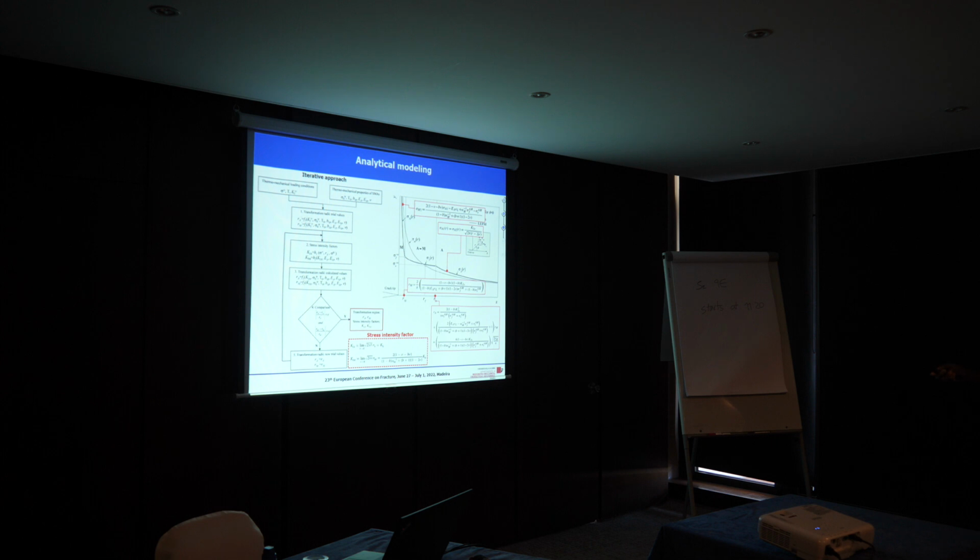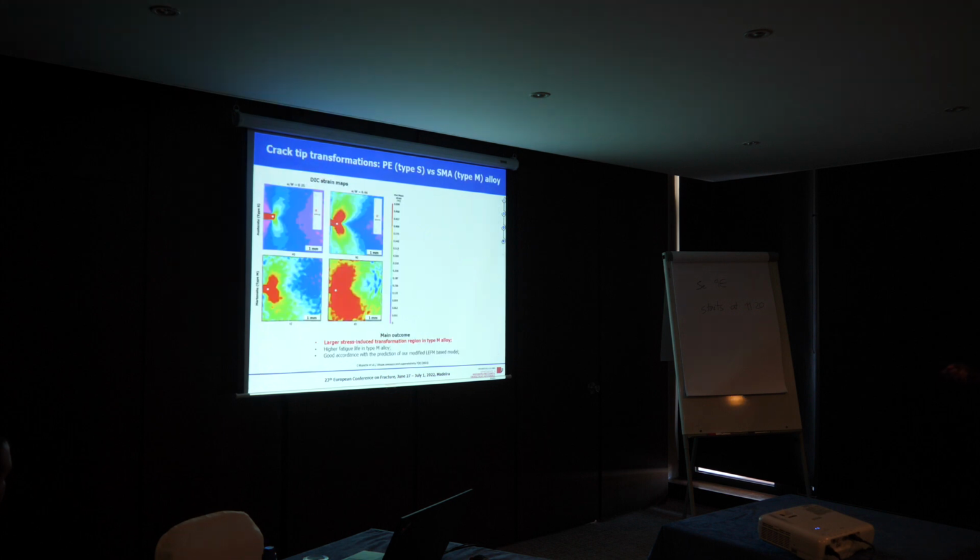It's based on an iterative approach, and we are able to estimate the full stress distribution and the crack tip transformation as well. But we have also developed possible fracture control parameters and a stress intensity factor that considers this unusual stress distribution. So let me show quickly the results.